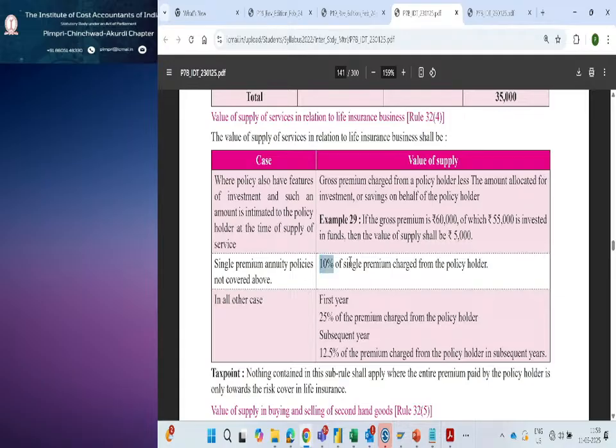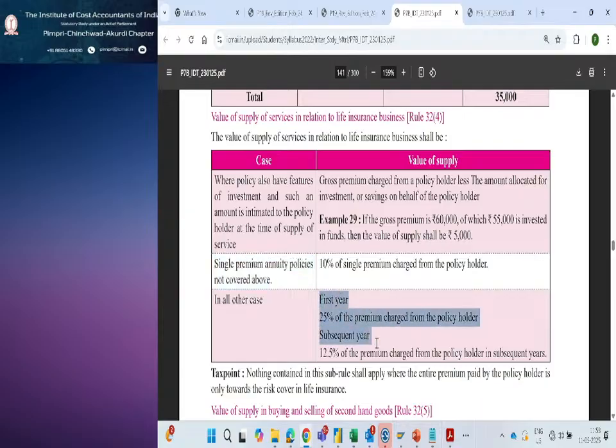This is only theoretical, even in the final there is no problem. That's why I have not shown anything. This one, right? So 10% of single premium charged is only theoretical. You need to have a look that single premium annuity policies, if not covered above.